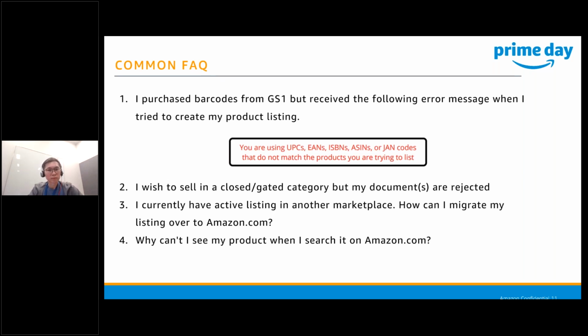If you already listed in another marketplace, when you click into Edit Listing and scroll all the way to the bottom under the Offers tab, there should be options to create offers in other marketplaces. Maybe I can write down the steps in the chat box also. So basically, go to a marketplace where you have an existing listing, click the edit button, and under the Offers tab there should be options to create offers in other marketplaces. That is another option for you.